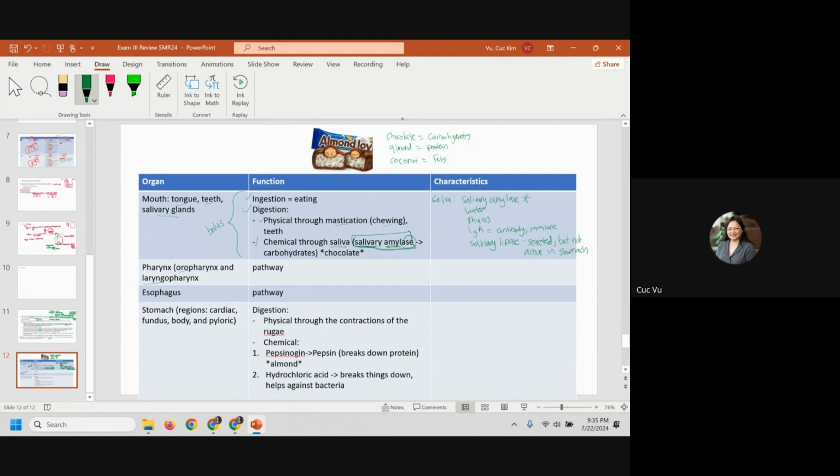And then from the esophagus, it's going to go into the stomach. So the pharynx and the esophagus are just pathways. There's no ingestion, no digestion, no absorption, nothing. It's just going to move along. How is it going to move along? Through waves, peristalsis. Yes, peristalsis. Okay, so it's going to move from the esophagus to the stomach. Okay, so the stomach looks something like this.